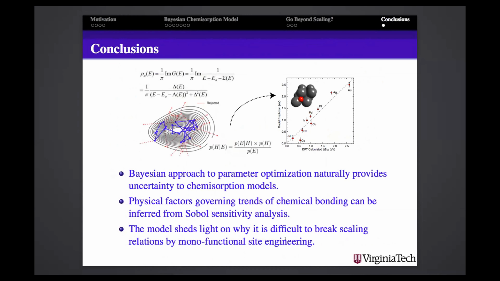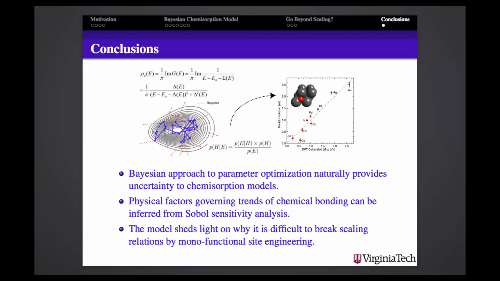This is the conclusion slide, a quick summary. By learning from DFT calculated electronic structures and adsorption energies, you can develop physical models with uncertainty quantification, as shown on the right. Another benefit of a physical model is that you can infer physical insights from it, to see how different factors influence the chemical bonding of different adsorbates, and whether it's possible to break scaling by changing the electronic structure of the surface sites.